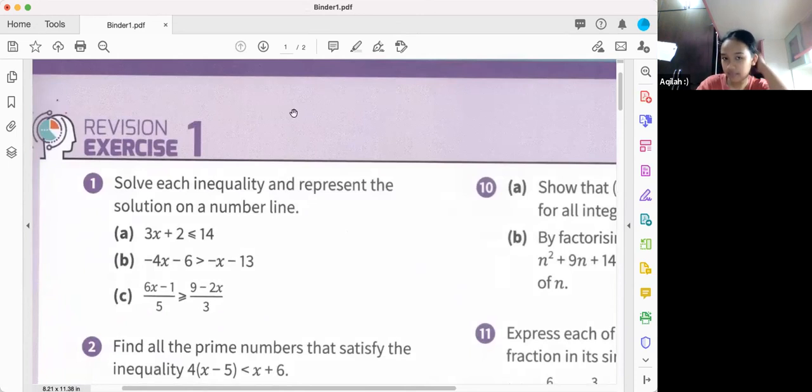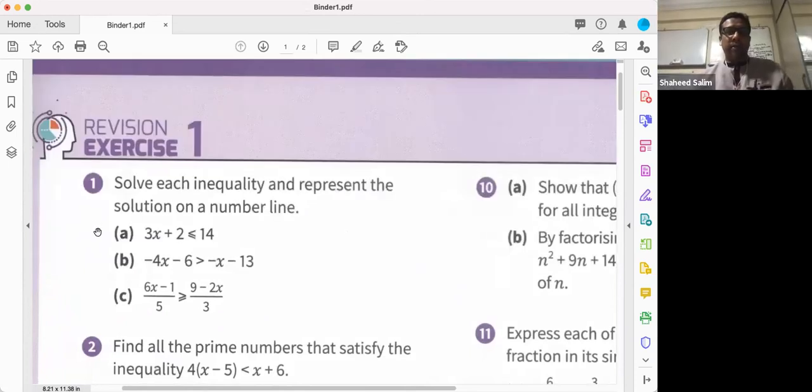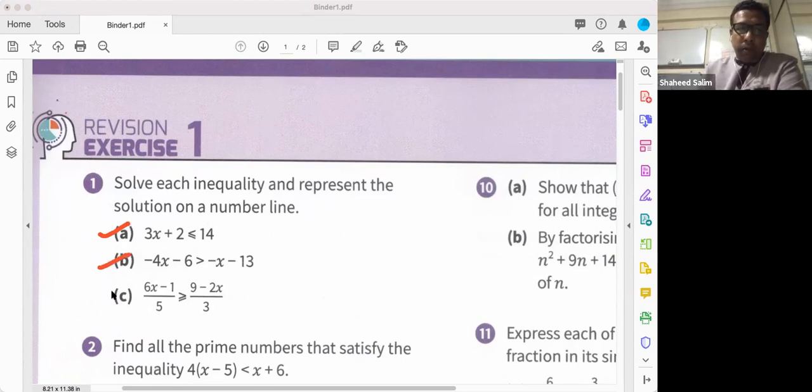Yeah, okay. We try to revise just very quickly. Can you try question 1A without representing a number line? 1ABC, I think we do this.